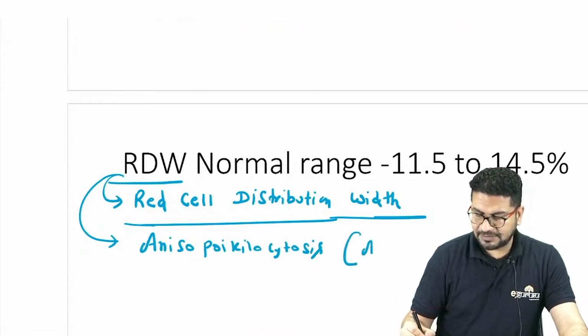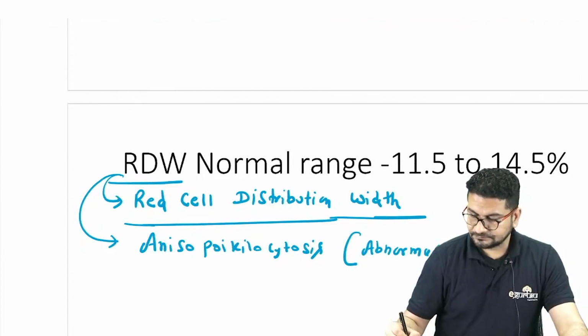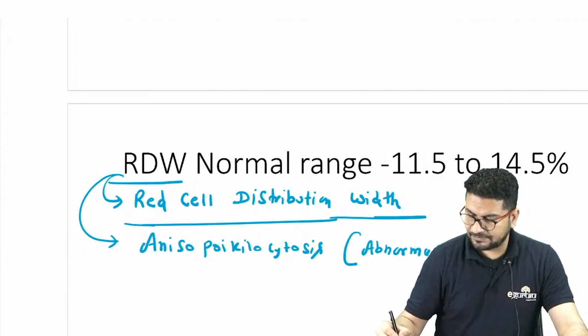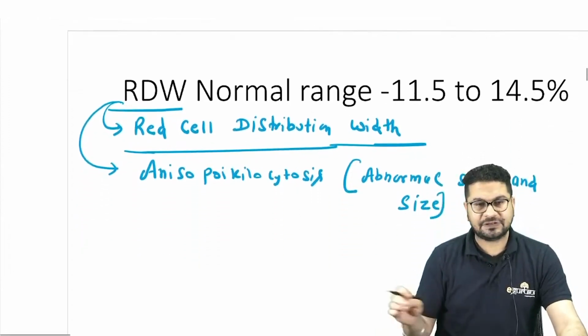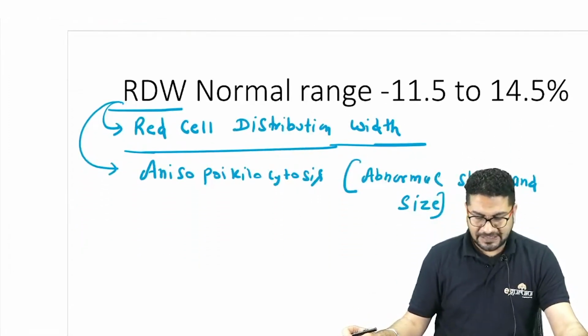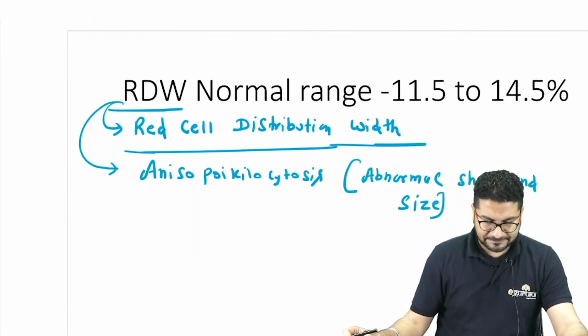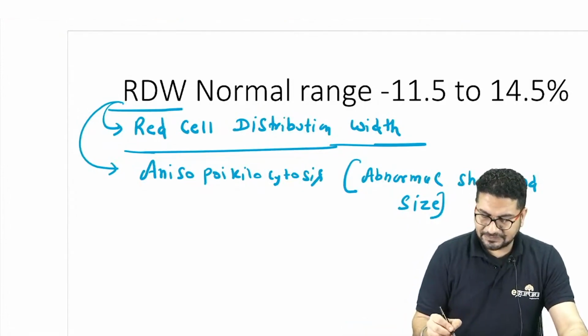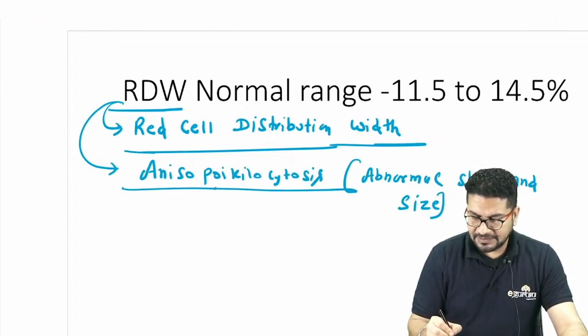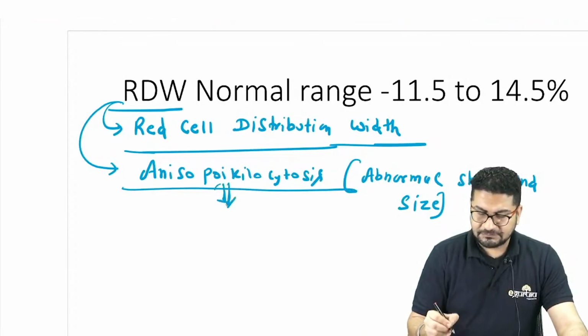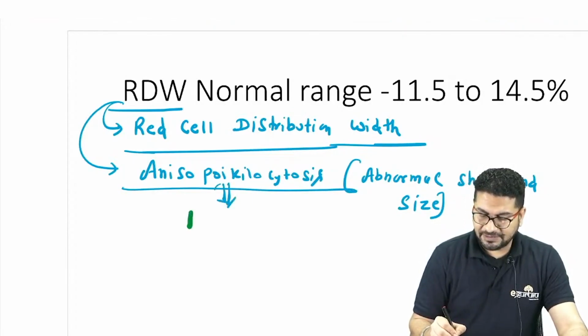Anisopoikilocytosis means you are having abnormal shape and size of RBC. Means some RBCs are smaller, some are bigger, some are having different shapes. So if you see anisopoikilocytosis, remember the RDW will increase.